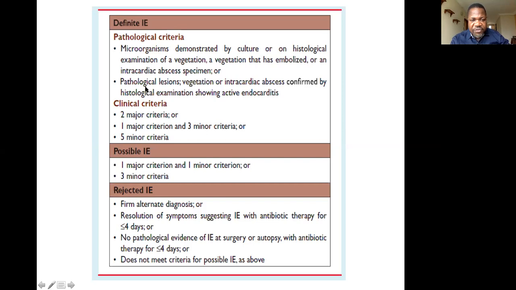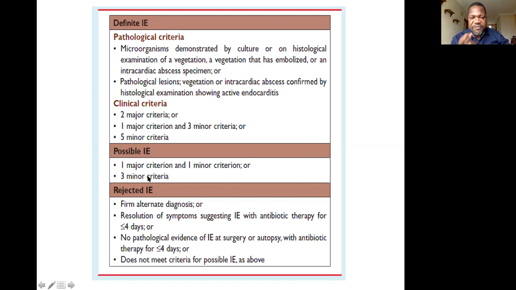If you have two major criteria only, you can make the diagnosis. Or if you have one major criterion plus three minor criteria, you can make the diagnosis. Or if you have all five minor criteria, you can also make the diagnosis. So that is how you confirm the diagnosis of infective endocarditis.